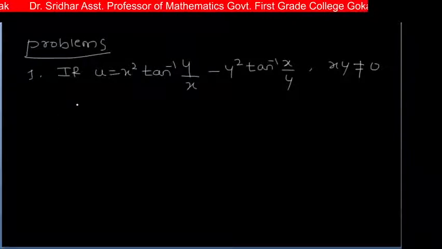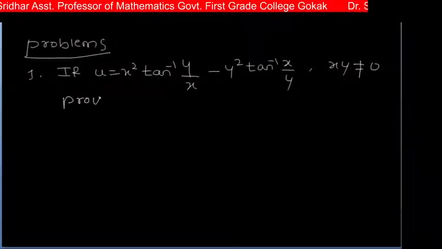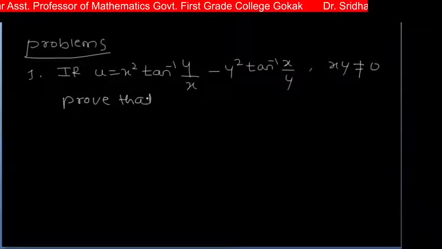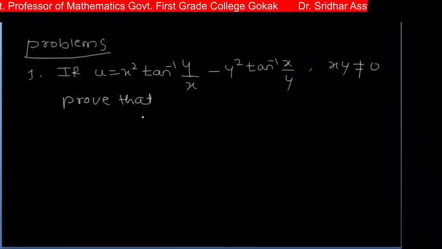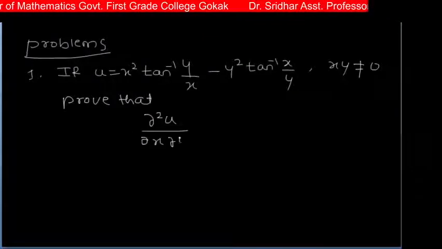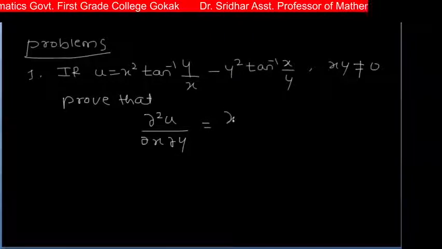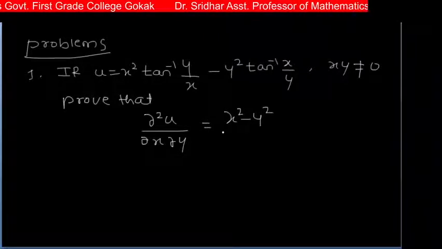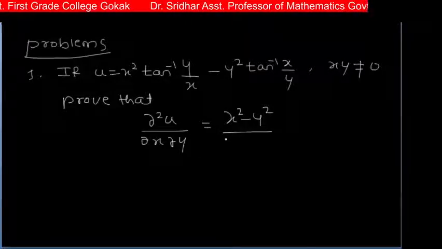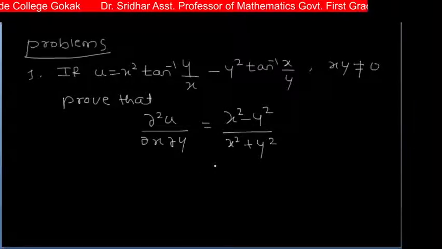Now it is given that prove that dou square u by dou x dou y is equal to x square minus y square divided by x square plus y square.